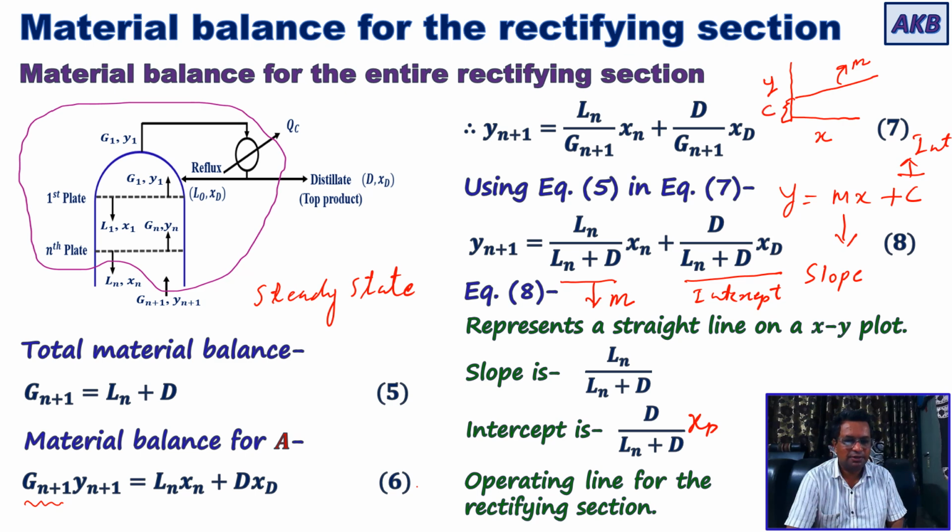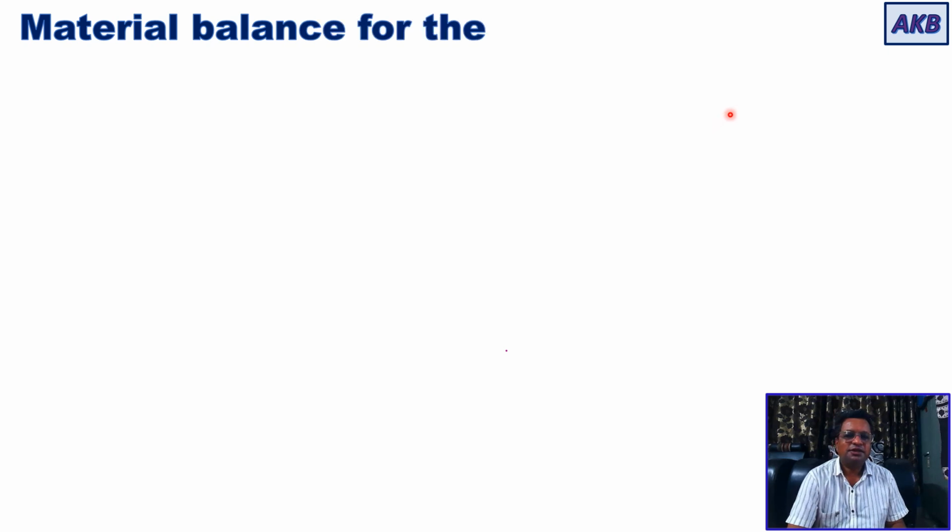So in this case m is Ln upon Ln plus D and c is D upon Ln plus D into xD. I hope this is clear to you. Okay, now let us move ahead. So that ends our discussion for material balance for the rectifying section.